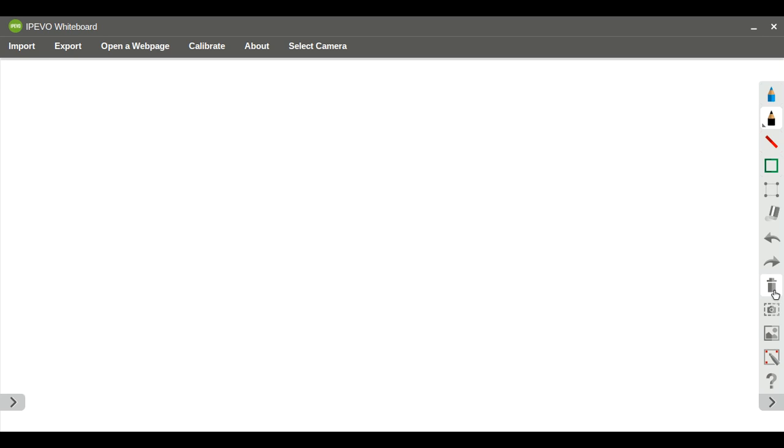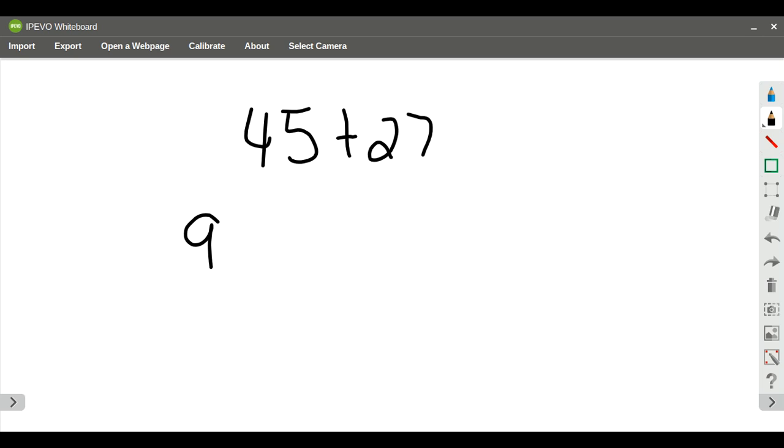If we go ahead and take a look at our next one, the next one that we're going to do is 45 and 27. Again, if you need to do your prime factorizations to find the greatest common factor, do the prime factorizations. The greatest common factor for 45 and 27 is going to be 9. I'm going to factor out the 9, and factoring out really means I'm going to divide both 45 and 27 by 9.